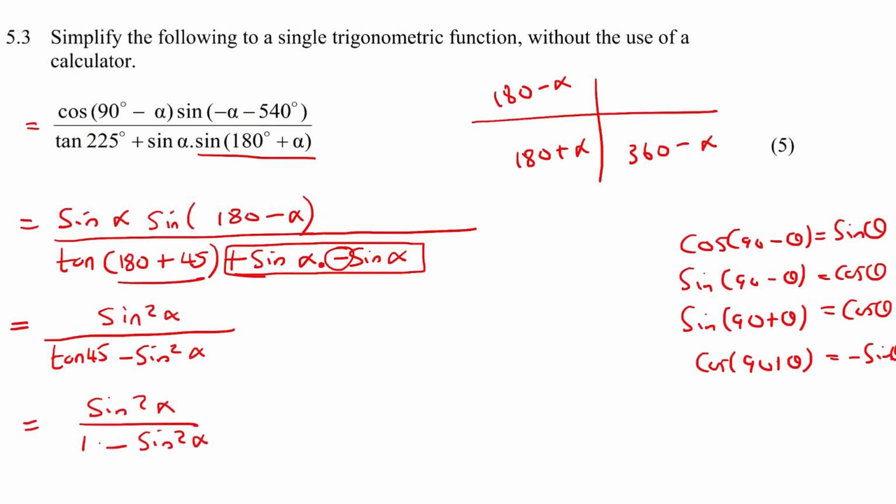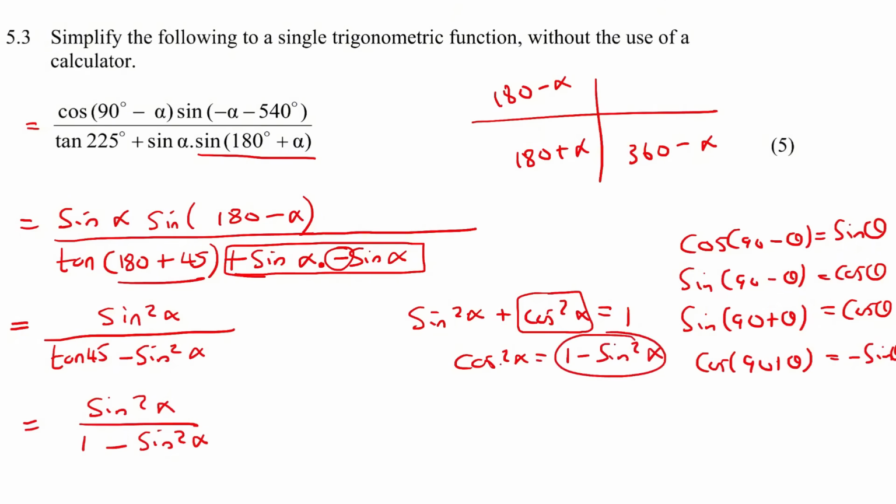Okay, now this part here at the bottom should be looking familiar to you. We know that sin squared plus cos squared is 1. So if I had to get this by itself, it would give me 1 minus sin squared. And that is exactly what we have over there.